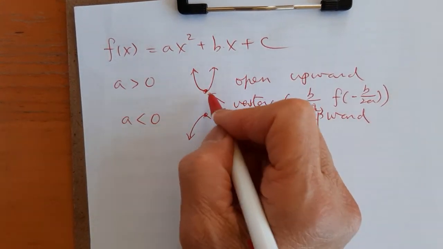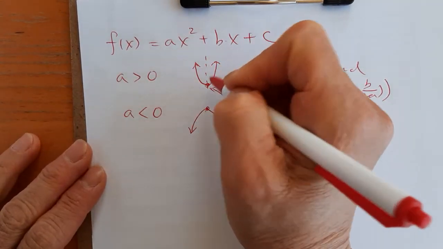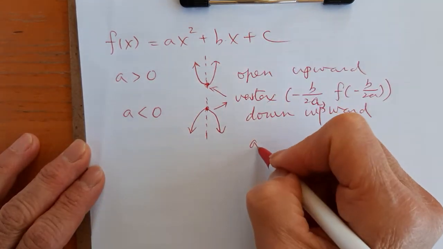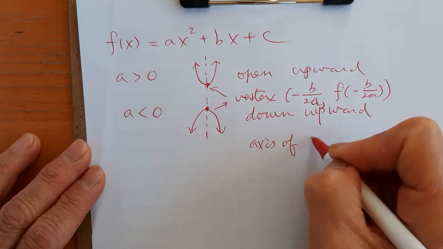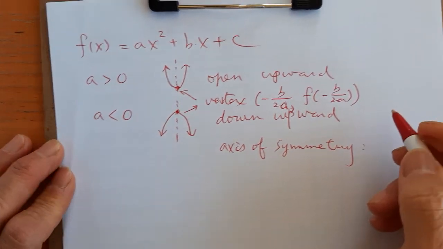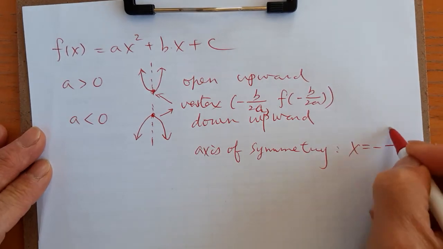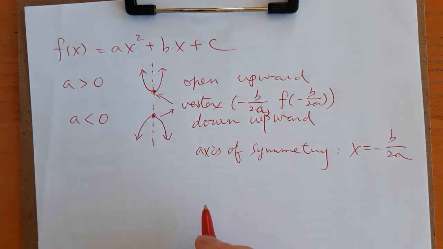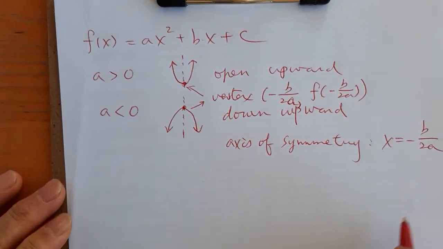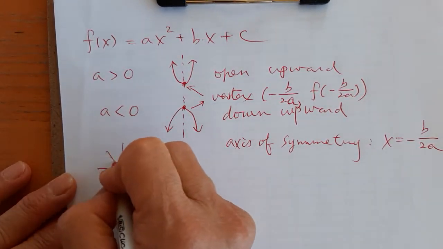This is the vertex, and the parabola has an axis of symmetry. The axis of symmetry is x equals negative b over 2a. Then find the x-intercept and y-intercept.